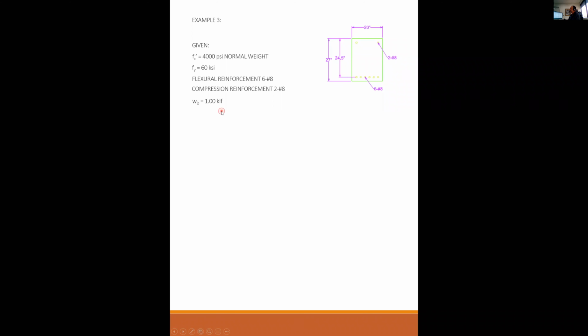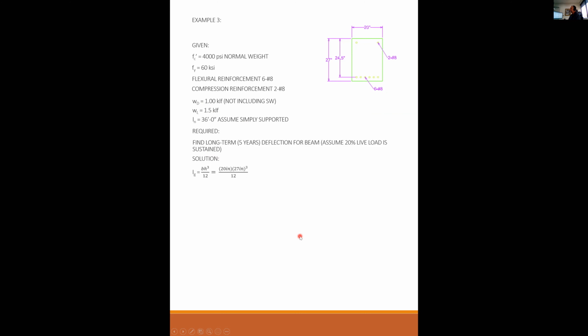I have the same dead load, not including self-weight, the same live load, same span, and this is back to simply supported. Now what's required is I want to find the long-term deflection for the beam. We've already done this problem finding instantaneous deflection, but now I want the long-term deflection. And we can assume that 20% of this live load is sustained.